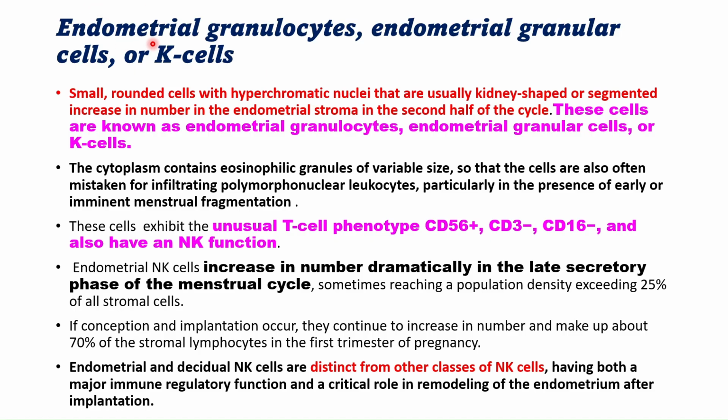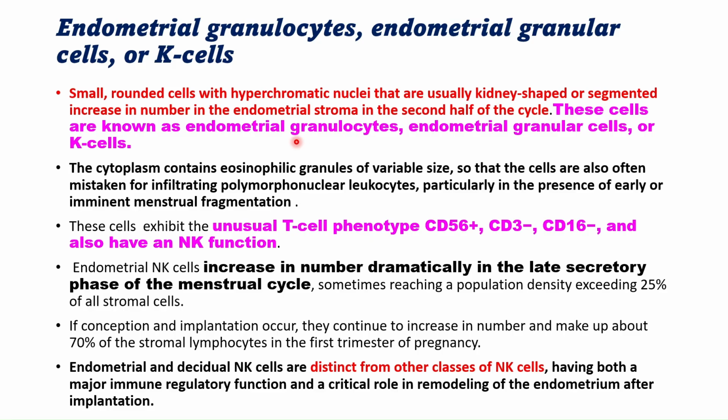Now, another important component is endometrial granulocytes, also called endometrial granular cells or A cells. These are small rounded cells with hyperchromatic nuclei that are usually kidney shaped or segmented, and they increase in number in the endometrial stroma in the second half of the cycle.